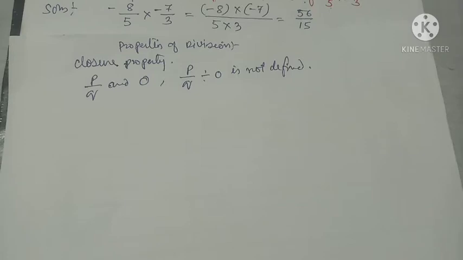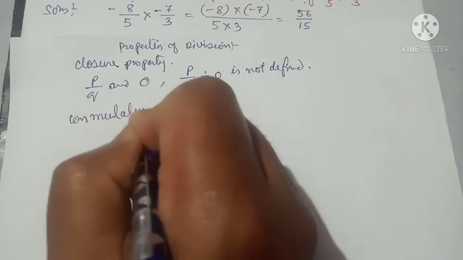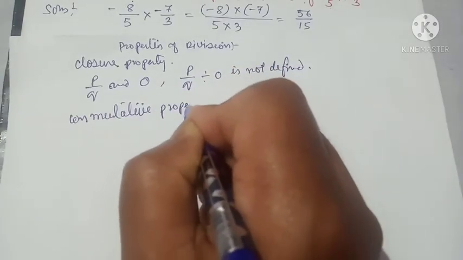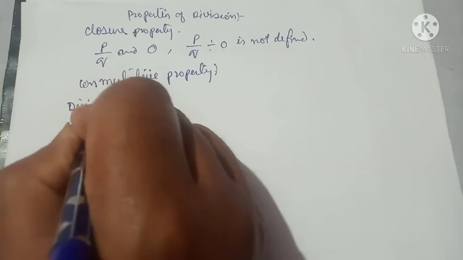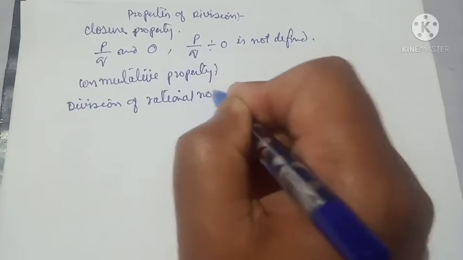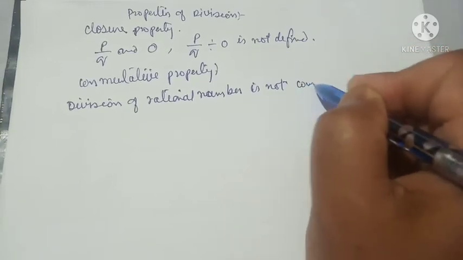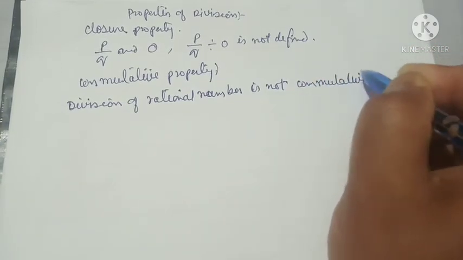The second one is about the commutative property. Division of rational numbers is not commutative, because it doesn't work.